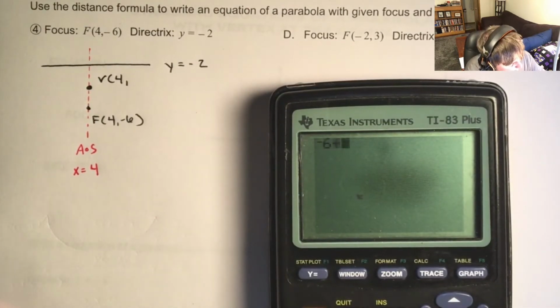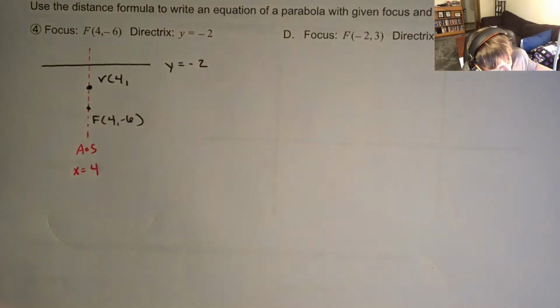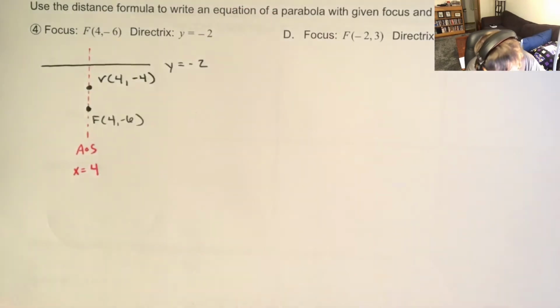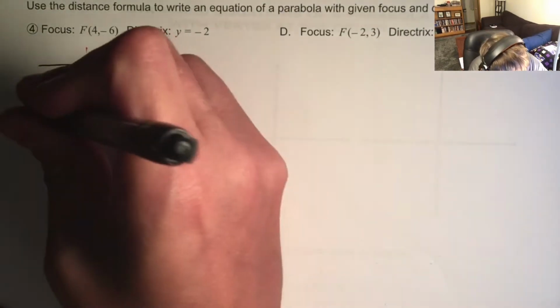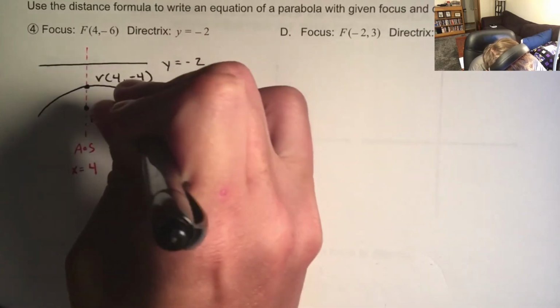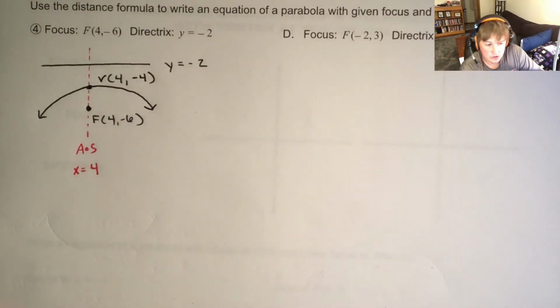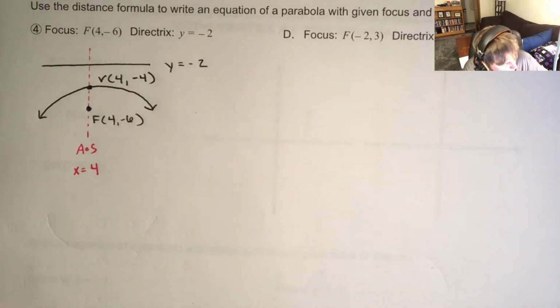So for this one, my vertex is at 4, -4. My parabola is going to open downward because the focus is downward, so it's going to open downward also.